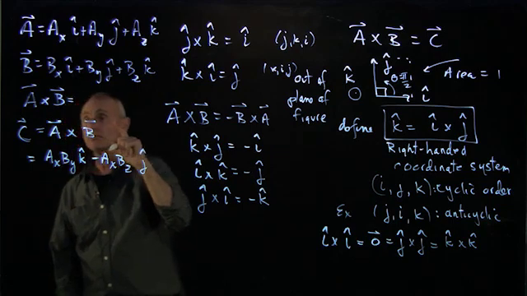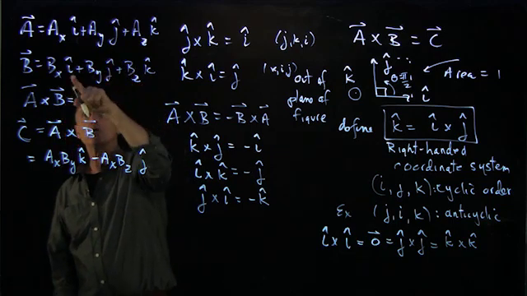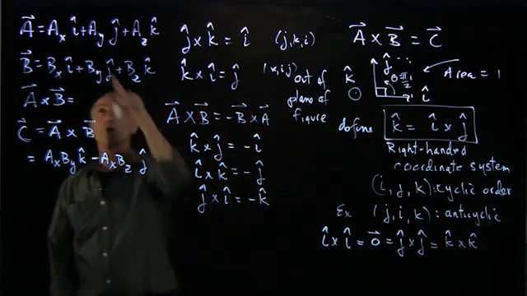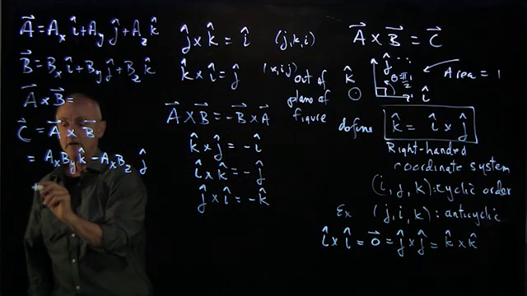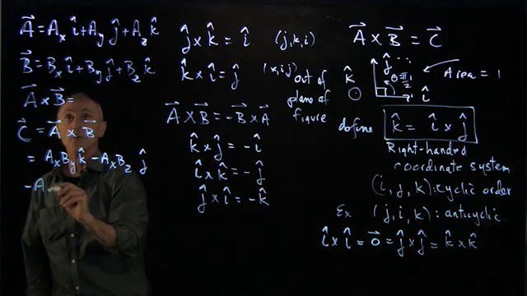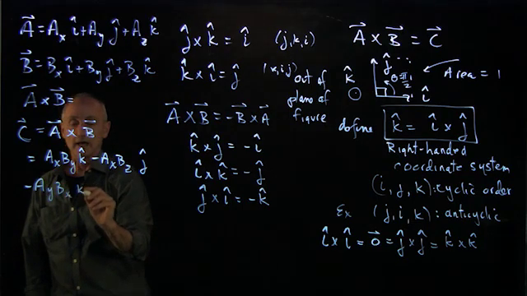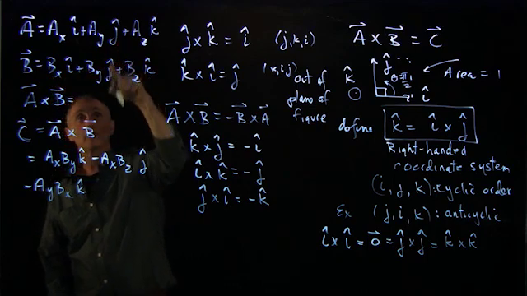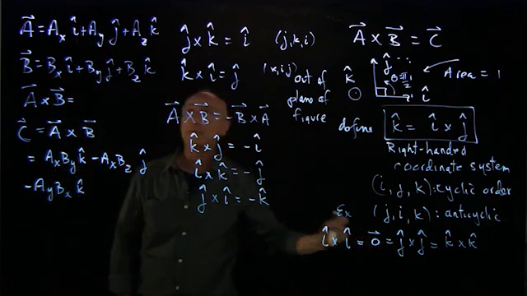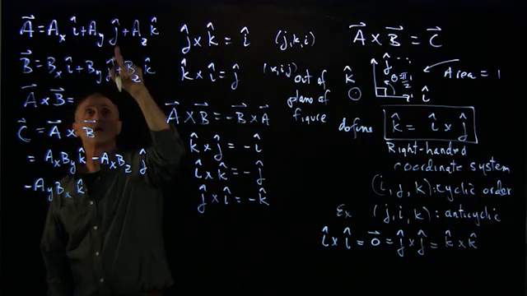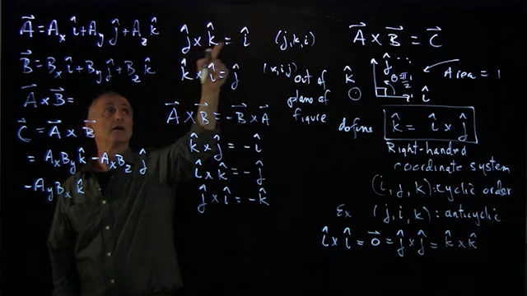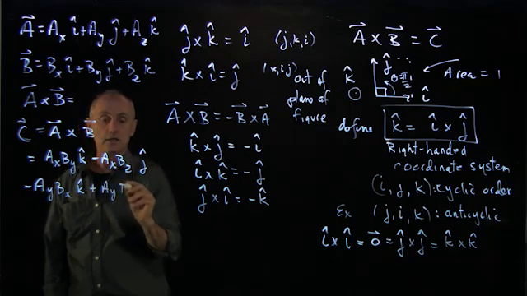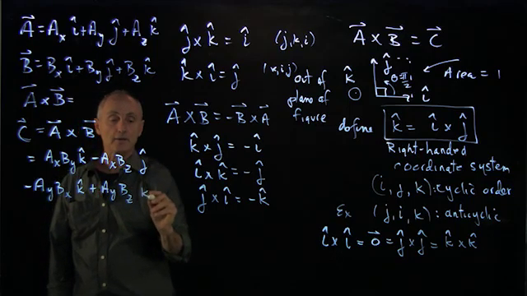And now let's just continue this process. j hat cross i hat, that's anticyclic, so we have minus ay bx k hat. j hat cross j hat, that's 0, so we have no contribution there. And j hat cross k hat, that is cyclic, so that's plus ay bz i hat.